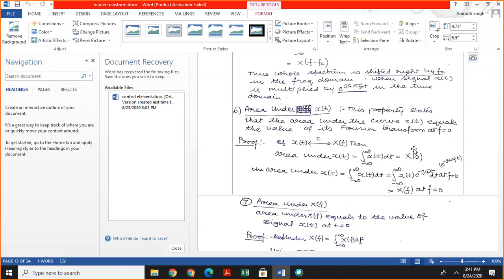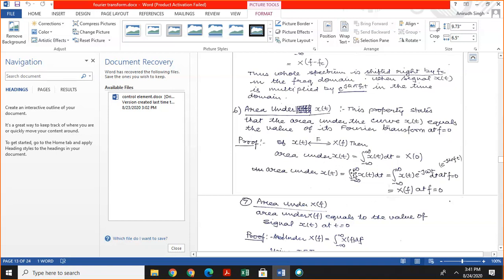The Fourier transform of x of t is X of f, and we know that the area under the x of t function is given by the integral from minus infinity to plus infinity of x of t multiplied by dt.